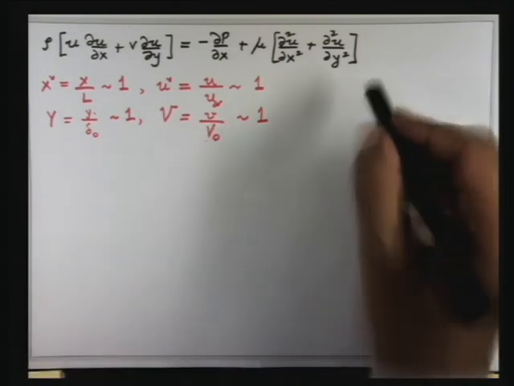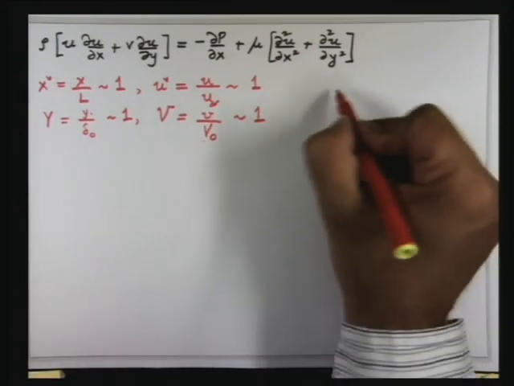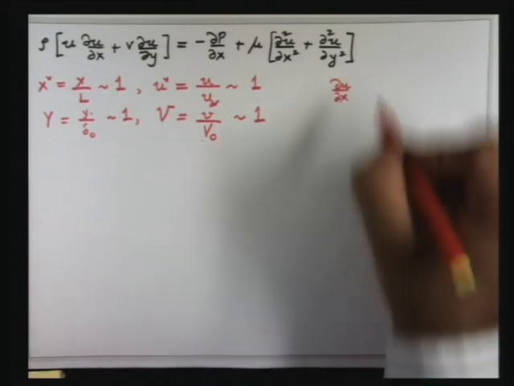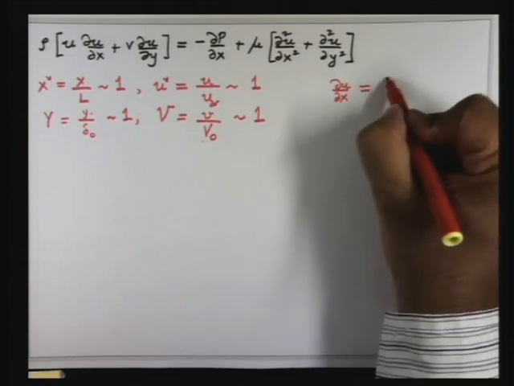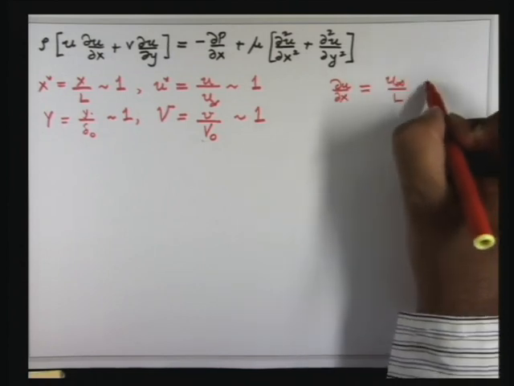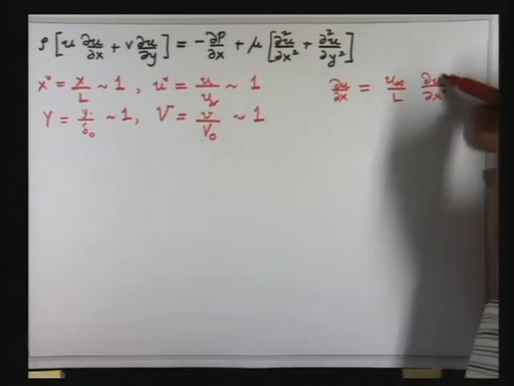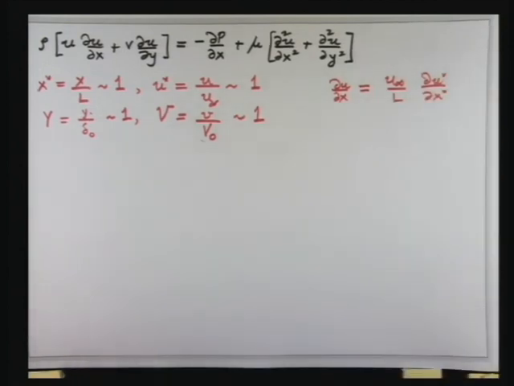Now, if you look at something like ∂u/∂x, which is there in the continuity equation, if I write it as u infinity by L times ∂u star/∂x star, because u star and x star are order 1, we are claiming that this is order 1.